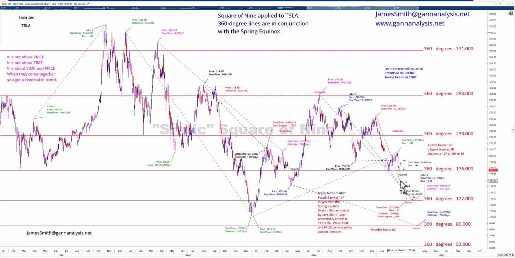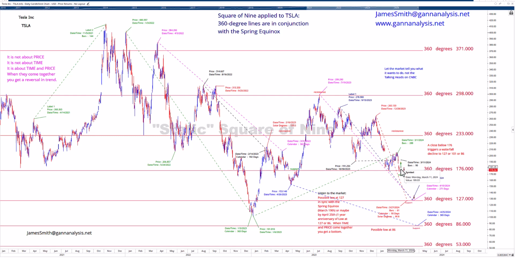Remember, you can listen to all the idiots on CNBC you like, but they're just talking out of their hat or somewhere lower on their anatomy. But the reality is, with the Gann charts, it's not a forecasting tool so much as you're just listening to what the market is telling you.